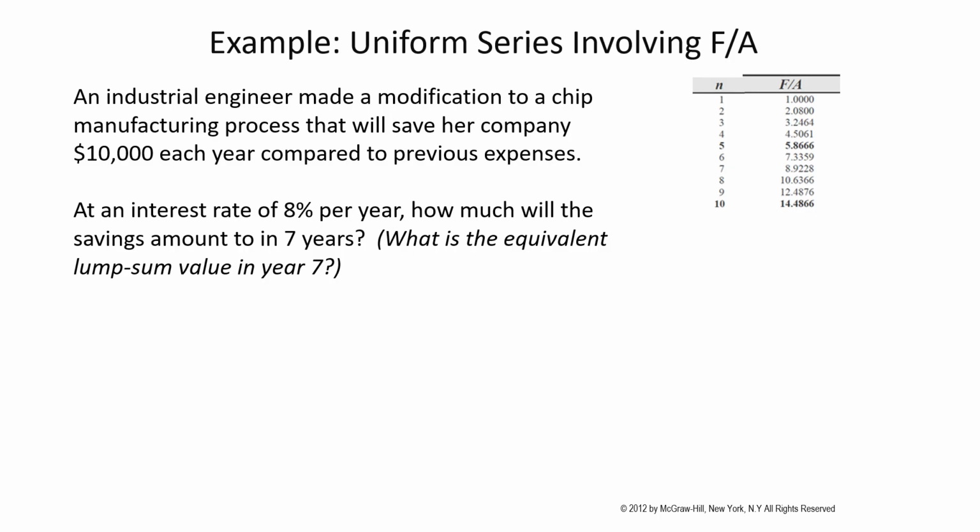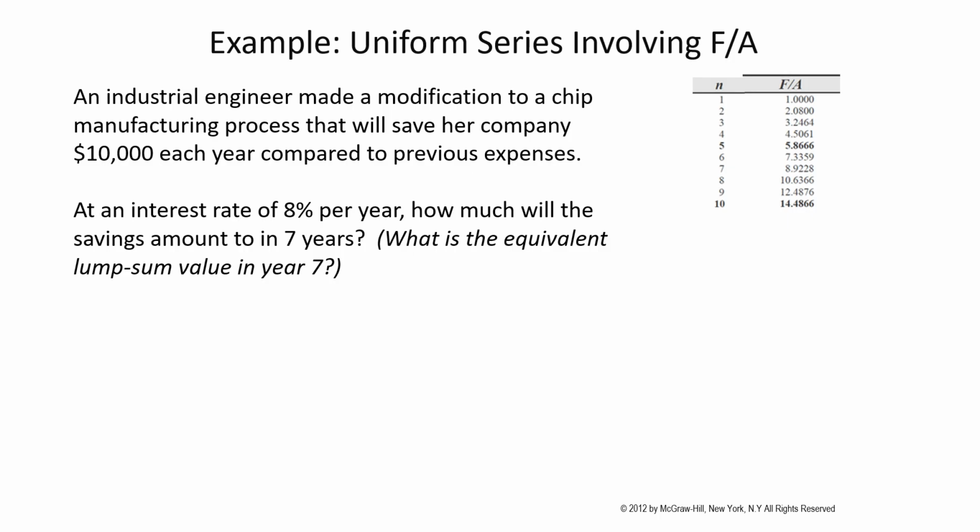So we want to find out what's the equivalent lump sum value in year 7. So we want to say, instead of all of this spread out over time with interest rate of 8%, how much would it be if it was one big lump sum value in year 7? So this is find F given A, i equals 8%, n equals 7. So that's how I'd write it in parentheses. This shorthand notation, find F given A, i equals 8%, n equals 7.